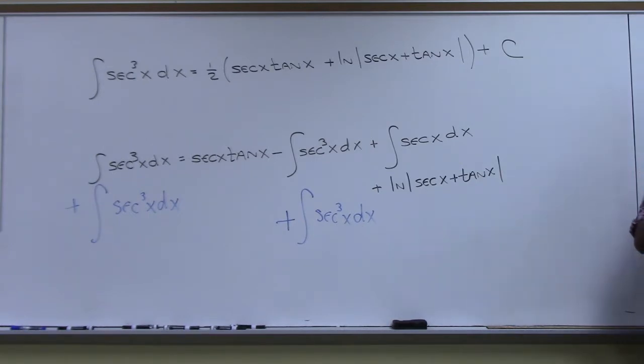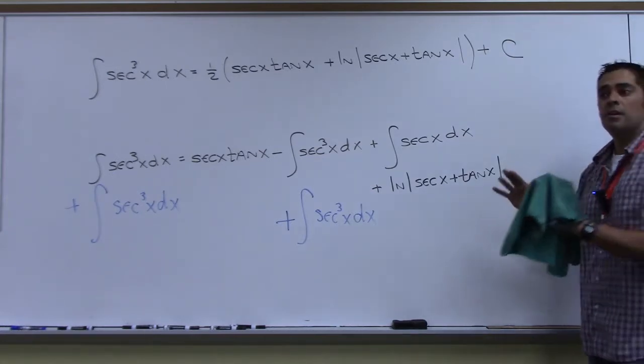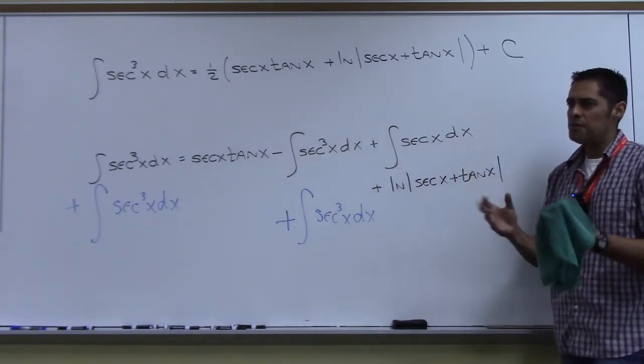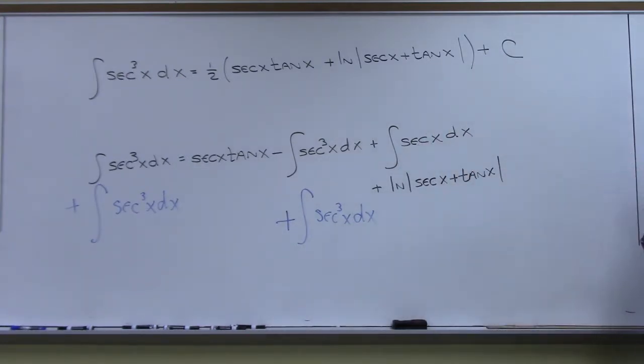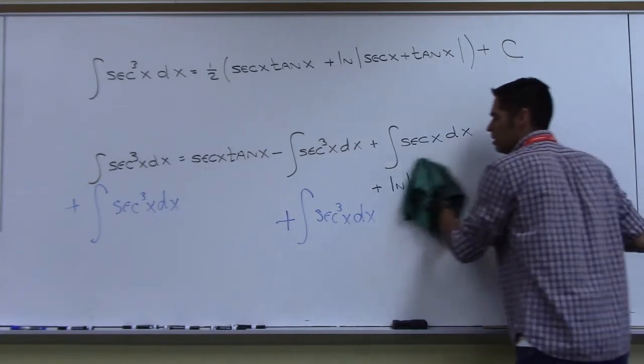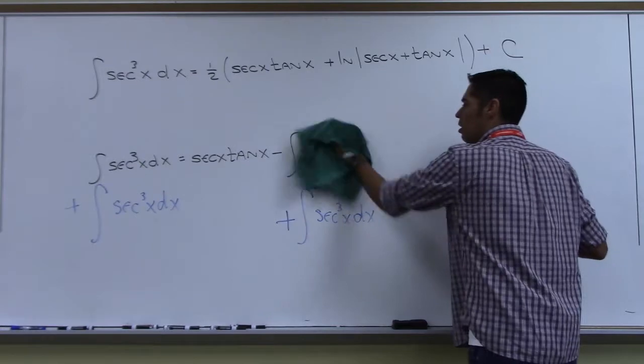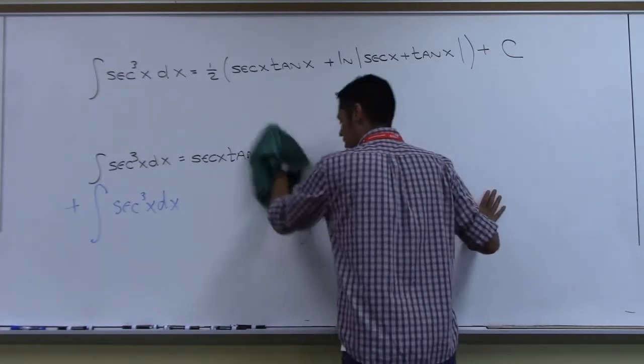We are done with trig integrals. Integrals that involve trig functions, by themselves or mixed together. Sines and cosines, secants and tangents. And now we move into the next topic, which is called trigonometric substitution.